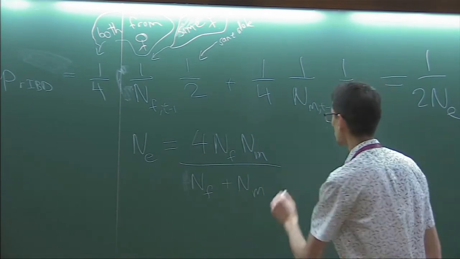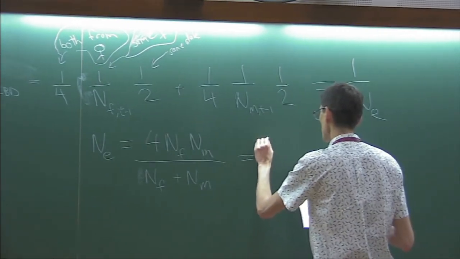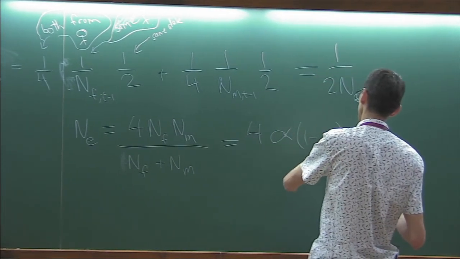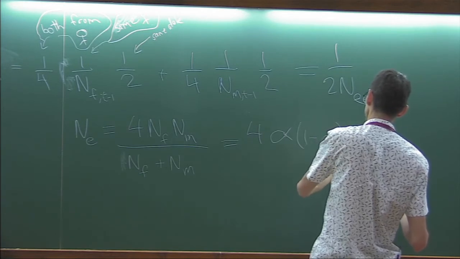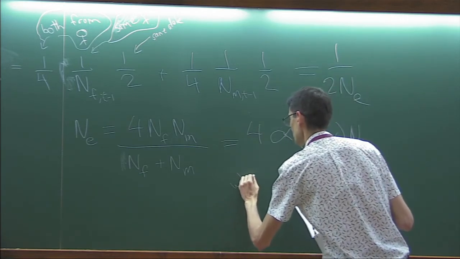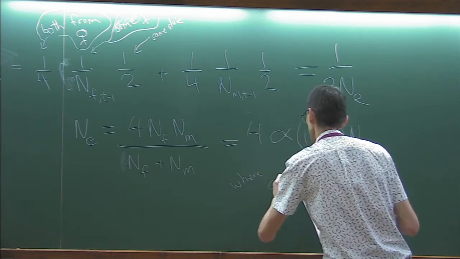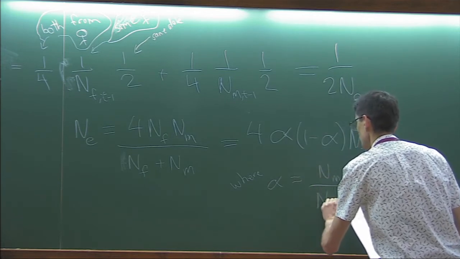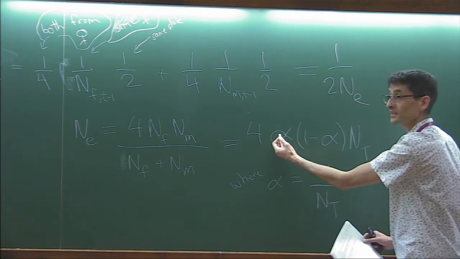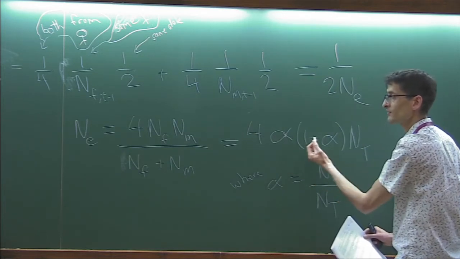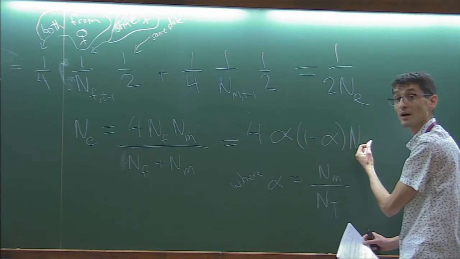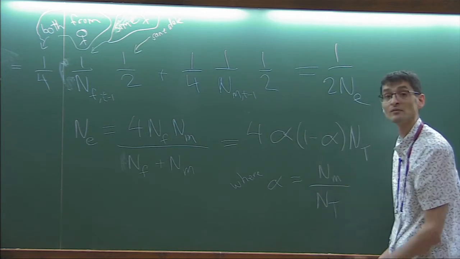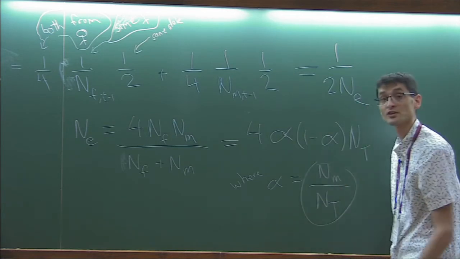So we get this, which I'm just going to write in another form. So we can write it like this, or we can write it like this, of 4 times alpha times 1 minus alpha times the total population size, where alpha is just the fraction of the population that is male. Okay, in other words, this is the sex ratio.